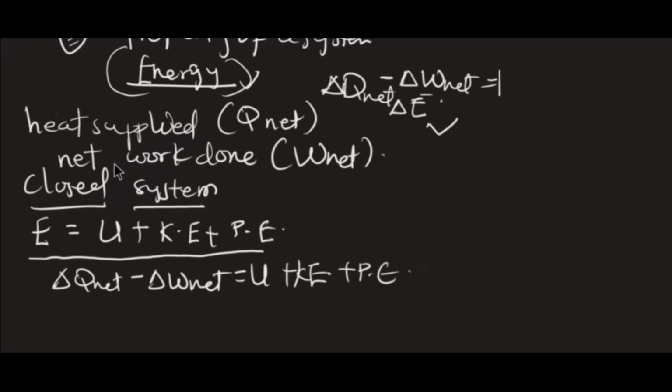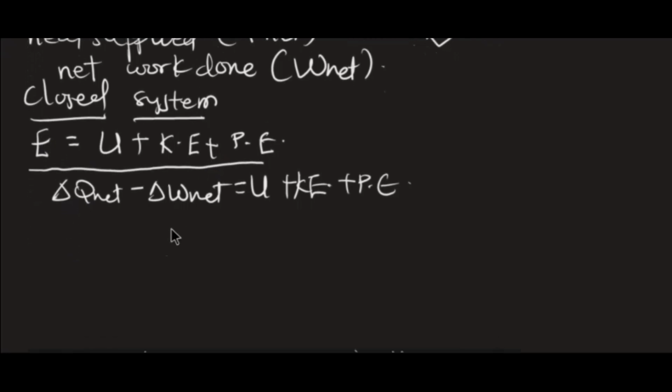So once heat is supplied, the work done by the heat, when you deduct it from the heat supplied, you get the net energy contained in that system. So obviously the total energy in a closed system is its internal energy plus the kinetic energy possessed by it, then plus the potential energy. So applying the Q net minus W net, you make it the subject here, and you get this new equation as I have here. And this is for a closed system.